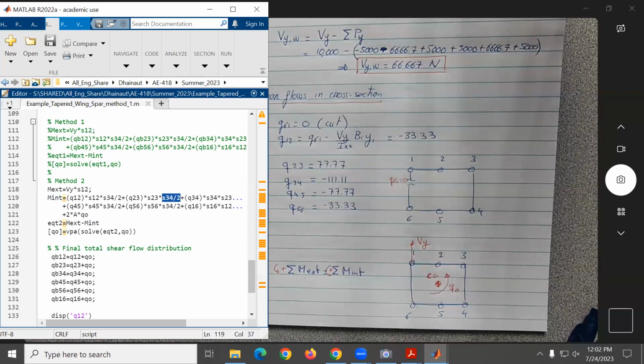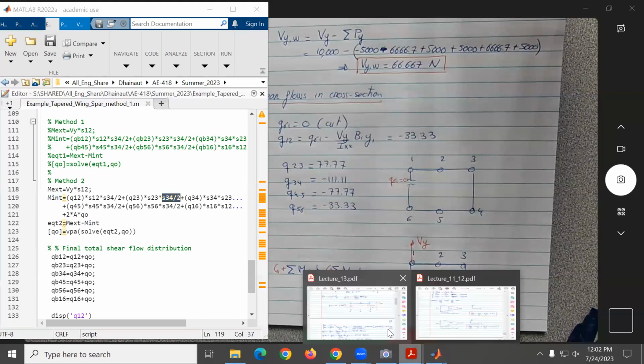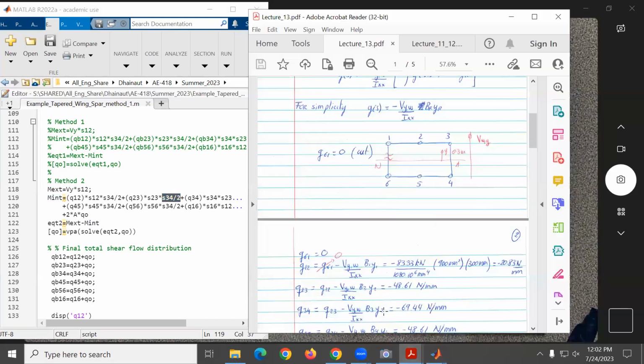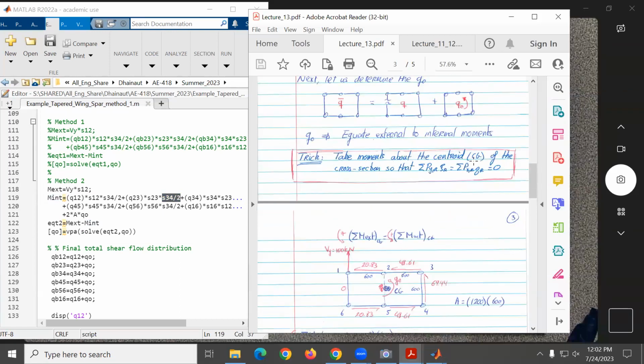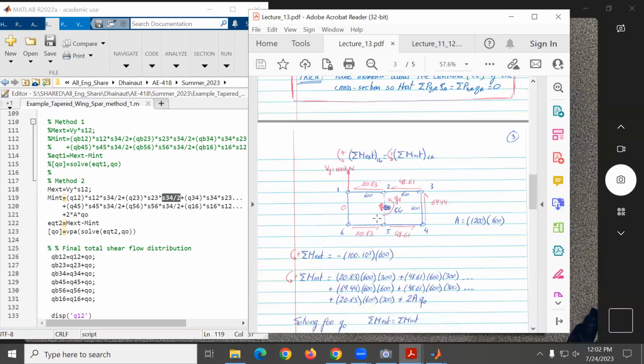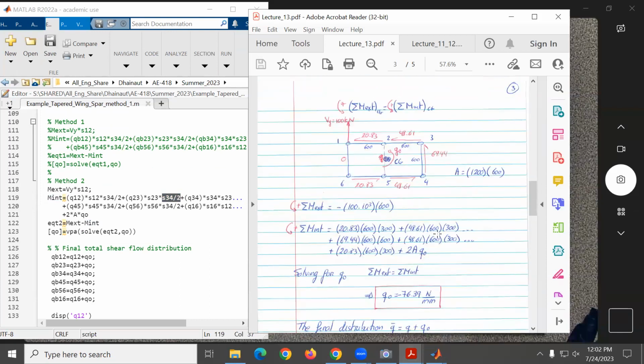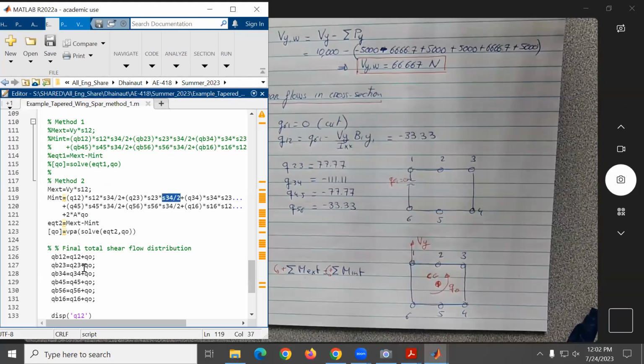I think that's exactly the same thing that we did on the previous note. Taking moments about the centroid of the cross section so that these terms are zero. We take the moments here. This is exactly the same equation, but here we use the values.